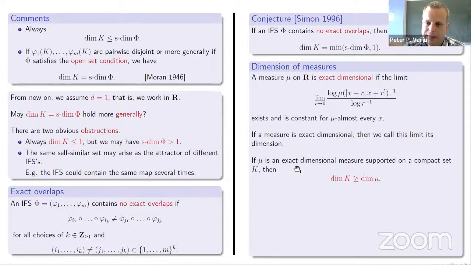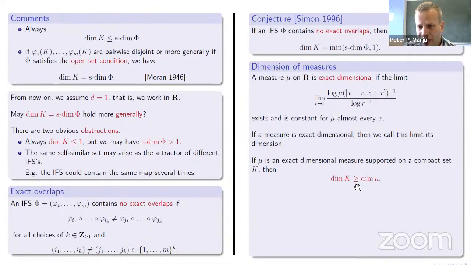but if you have an exact dimensional measure supported on a compact set, then the dimension of your compact set will be at least as big as the dimension of the measure. This is a very weak form of a much stronger phenomenon, but for the purposes of my talk, this will be enough for us.